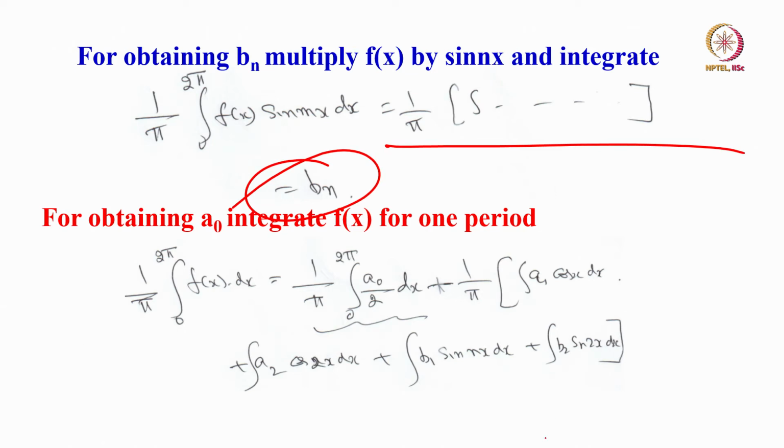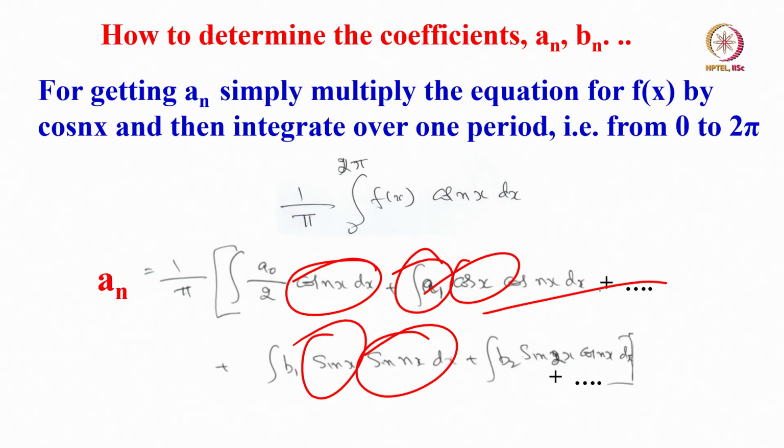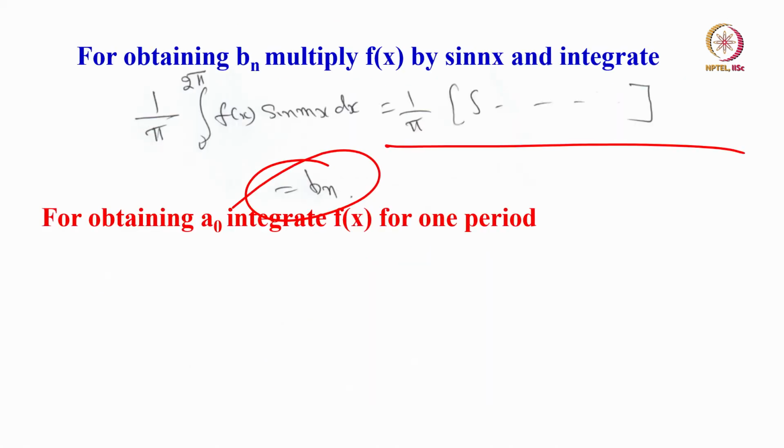Now, you get an by multiplying by cos of nx and integrating over the region after expanding this function. The same thing I do for bn, multiply by sin mx, and I can get bn.